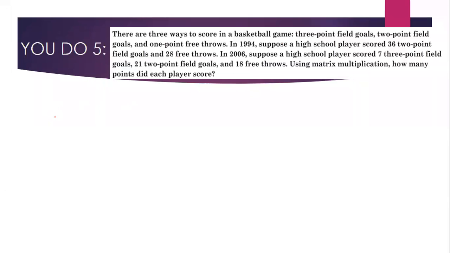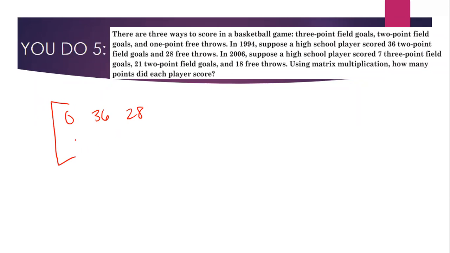Okay, so your first matrix would be the players, right? So your players matrix would be made up of player 1 had 0 threes, 36 twos, 28 free throws.